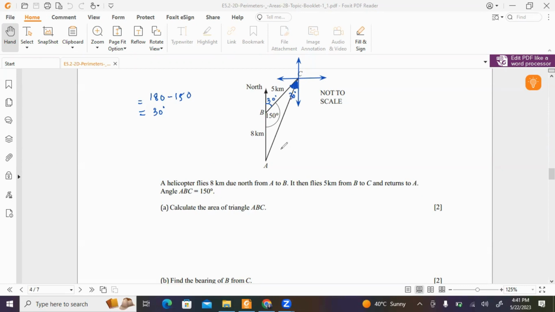So if we're trying to calculate the bearing, we need to find the angle over there.